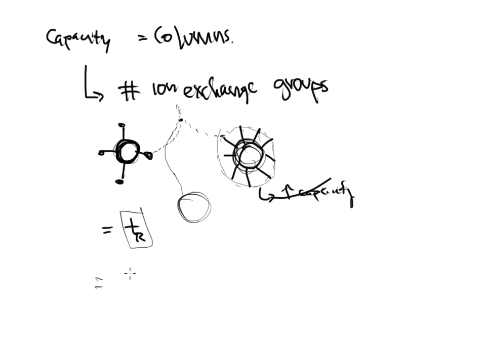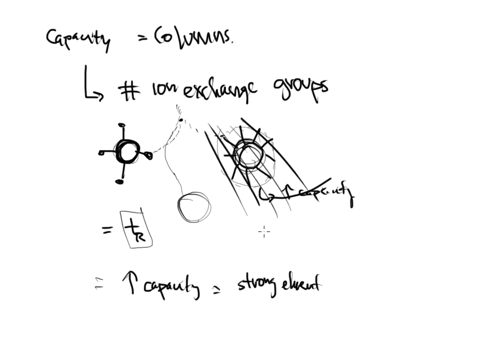Something else with capacity is that a high capacity, meaning a particle with a bunch of bedrooms that can house a lot of analyte, will typically need a strong eluent in order to wash everything off of that particle. It's loaded down, right?